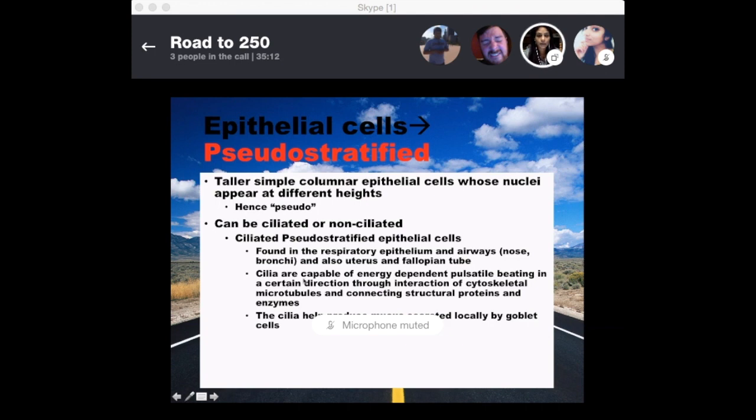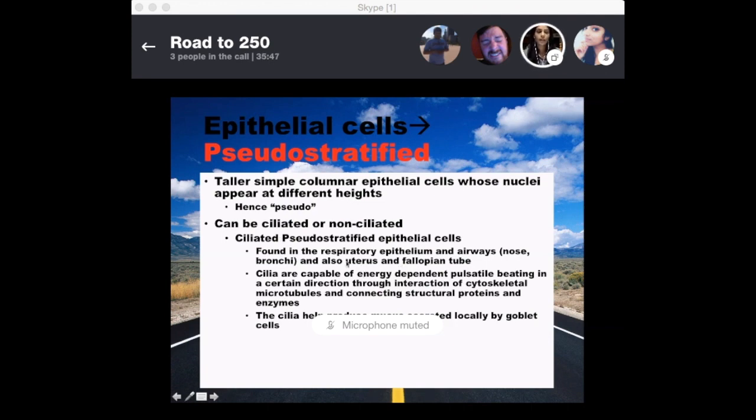What's important about these is they're ciliated, and we know that cilia are capable of energy-dependent pulsatile beating in a certain direction with the interaction of the cytoskeletal microtubules and connecting structural proteins. Because of this role of the cilia and its association with pseudostratified cells, they essentially move mucus, which is secreted by goblet cells, for example, in the respiratory epithelium.